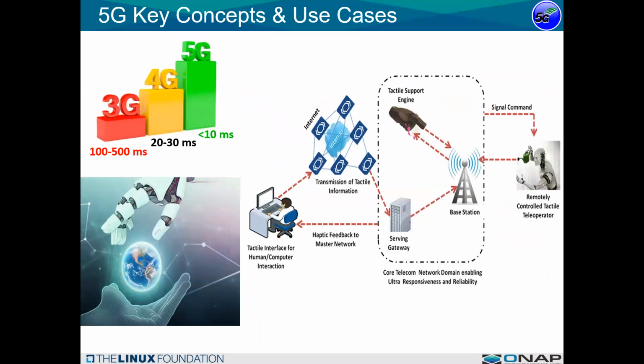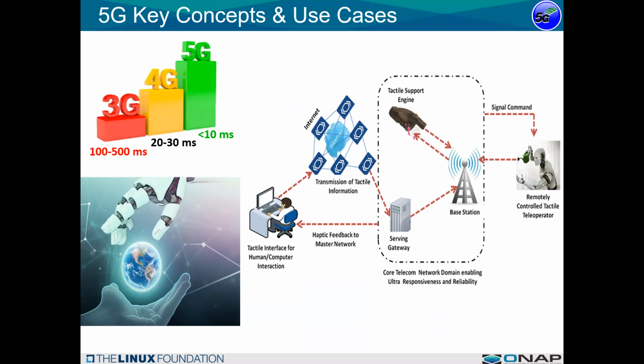So the concept of a tactile internet is where there's some kind of interface, a human-computer interface, that can interact remotely with something that's tactilely teleoperated. So in this example, a robot watering your plant when you're on vacation, you can control maybe a robot far away, or a first responder could control an emergency vehicle going into a fire.